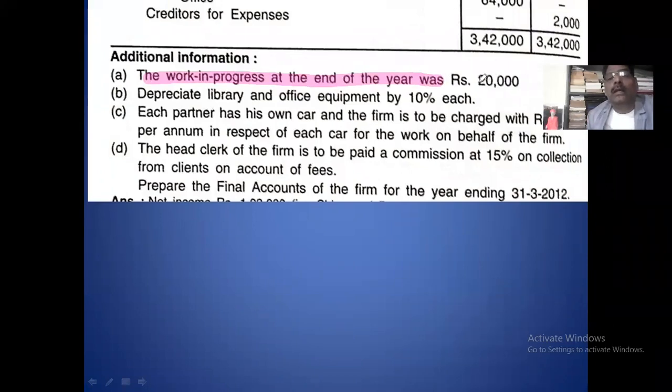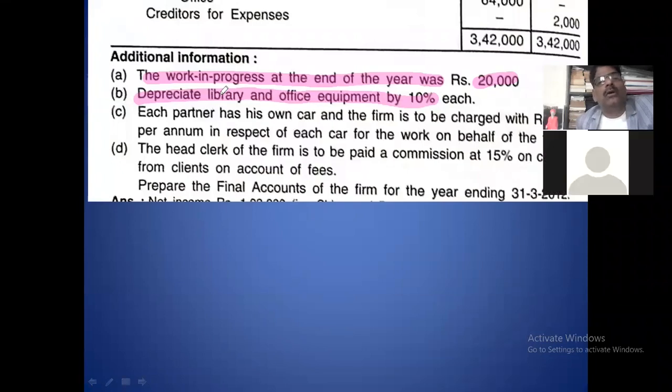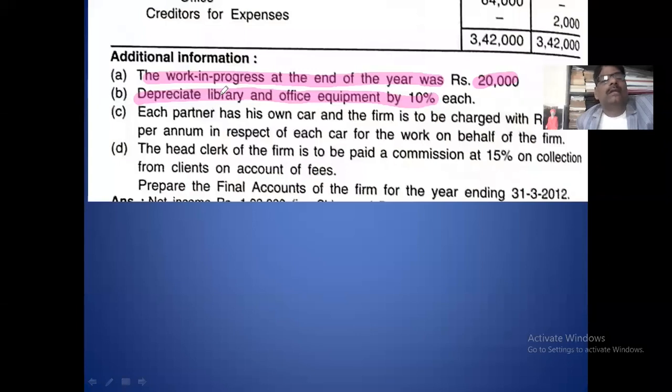It goes to income and expenditure account, credit side, and balance sheet, asset side. Then they ask to depreciate library books and office equipment by 10%. This depreciation comes on debit side of income and expenditure account, and in the balance sheet you deduct in the respective asset.